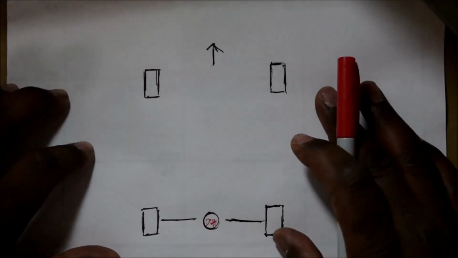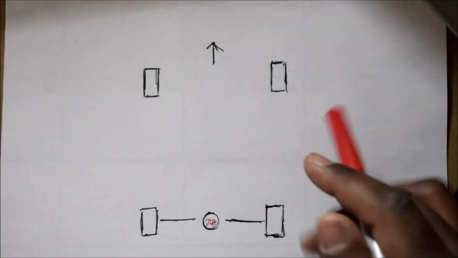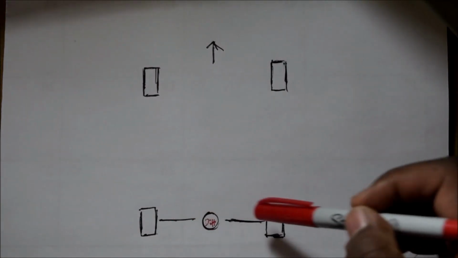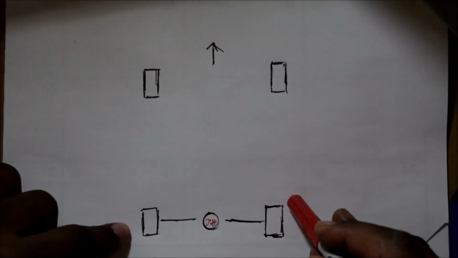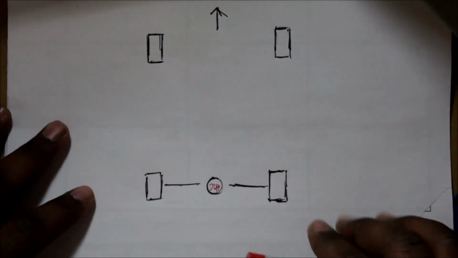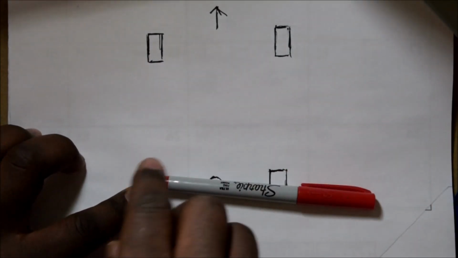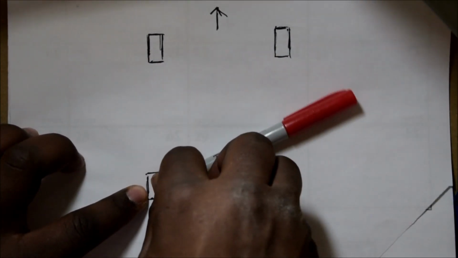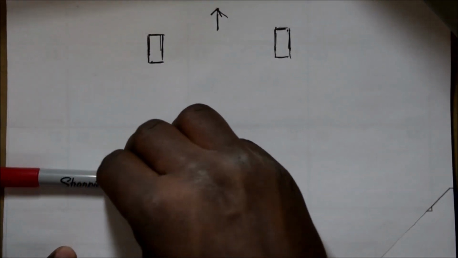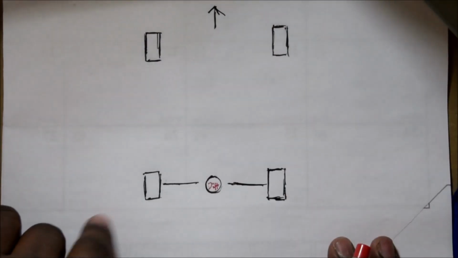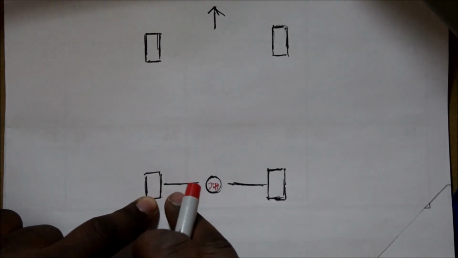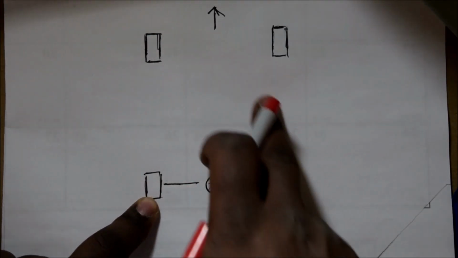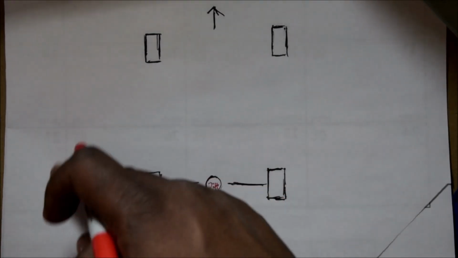And just a quick overview of the differential. A differential allows the rear wheels to turn at different speeds. For example, you're cornering, and if your corner is aggressive enough that, say, you want to make a quick U-turn pivot like this, right? Theoretically, this wheel will be turning at 0 miles an hour, while this one here will be making a complete circle, or well, half circle in this case.